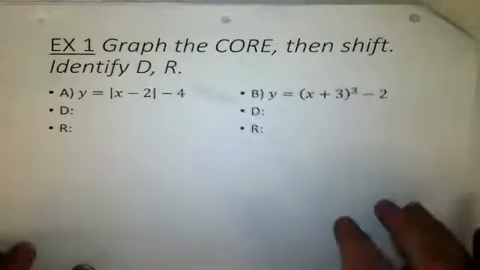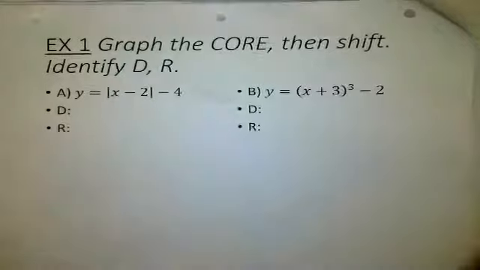So example 1, graph the core, then shift, identify domain and range. Graph the core.